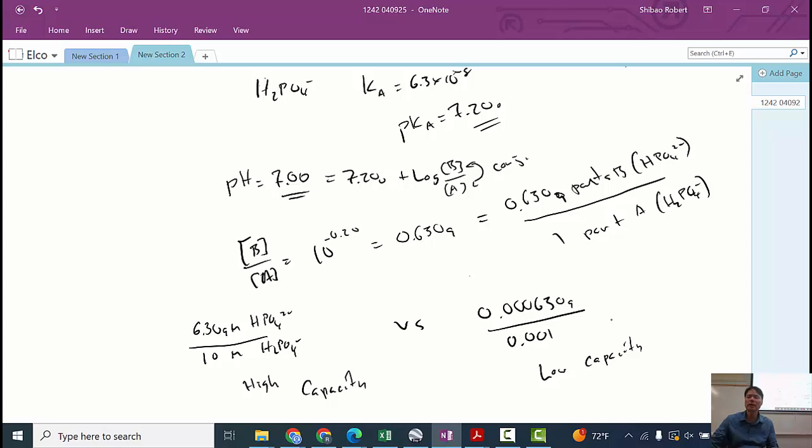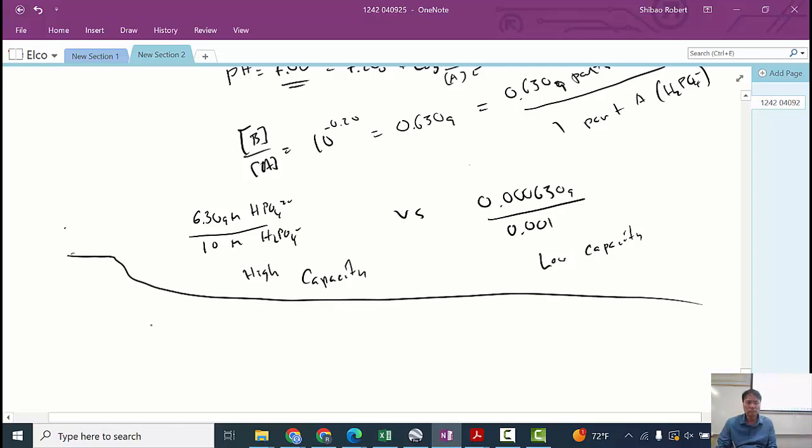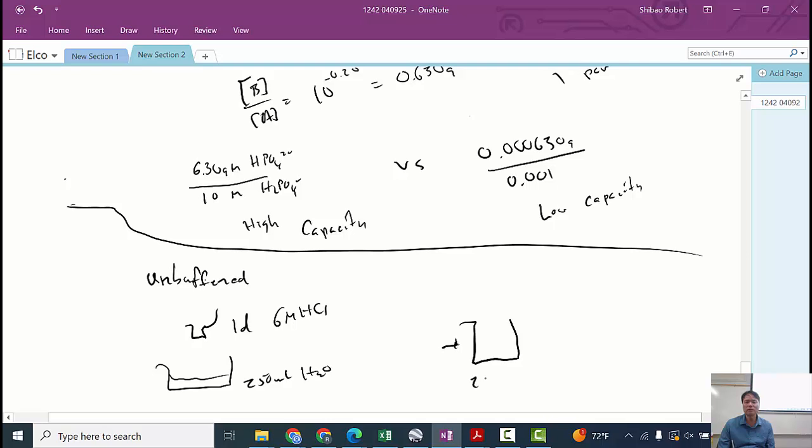Let's compare a buffered versus unbuffered, and then I'll stop here. Let's do unbuffered first. I'm going to add 1 drop of 6 molar HCl to 250 milliliters of water. What this gives me is 250.05 milliliters of mix.